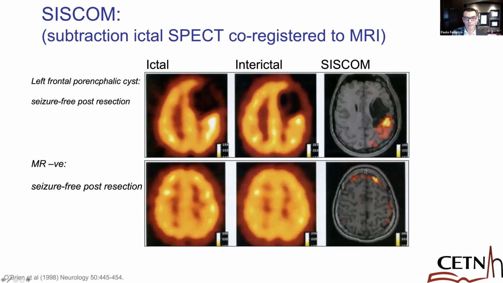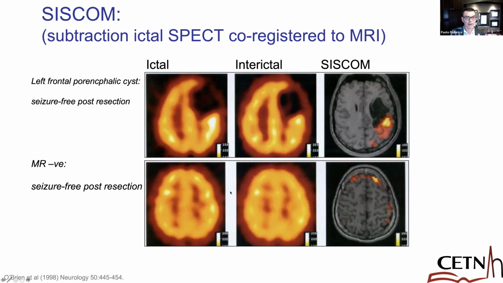So many centers, including ours, perform SISCOM, which is the subtraction ictal SPECT, as I already mentioned, but co-registering it to MRI. And here's just an example from a previous publication of a patient with a left porencephalic cyst shown here on the MRI scan. And the patient had an interictal and ictal SPECT, and the subtracted data are then superimposed upon the MRI scan to give a better indication of where the hyperperfusion is in the potential seizure onset zone relative to the lesion.